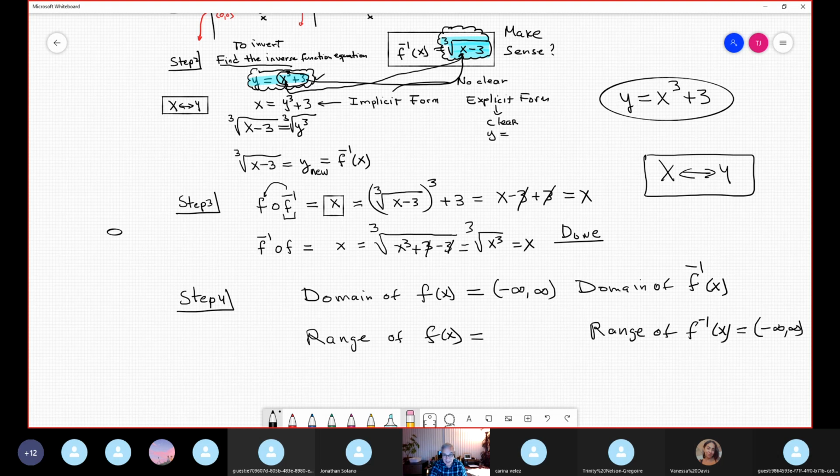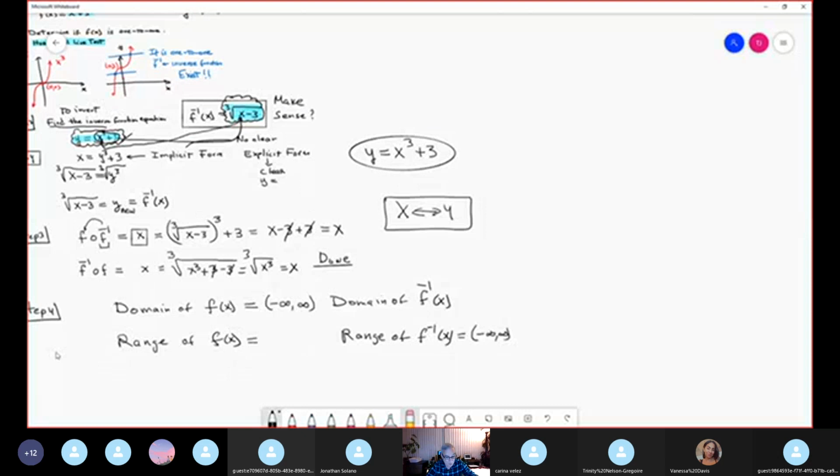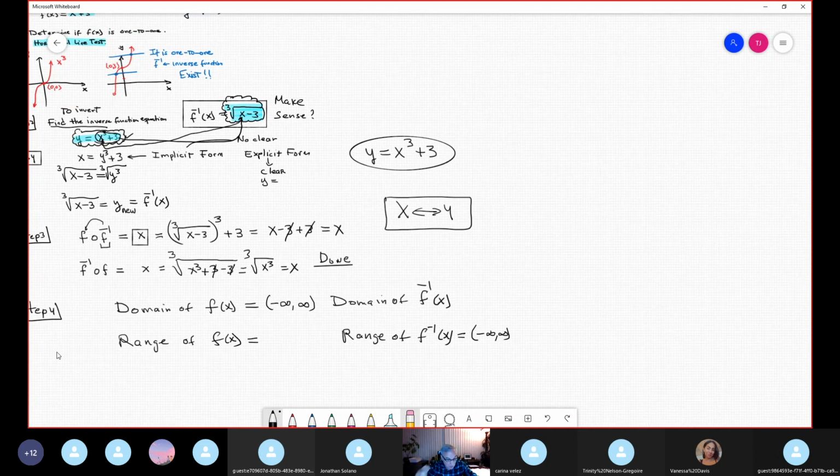In general, one fantastic theorem: the domain of F, where I call F the original, is equal to the range of the inverse.